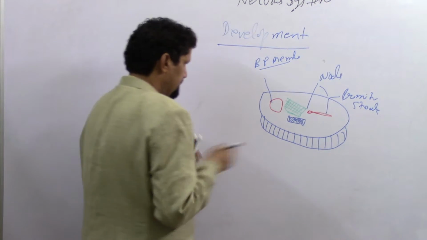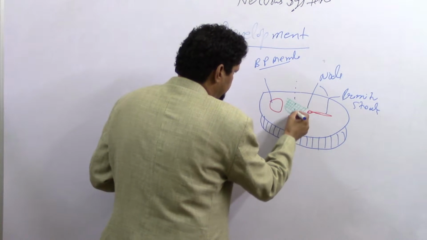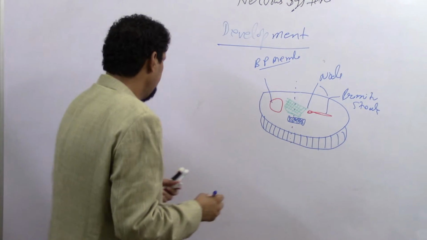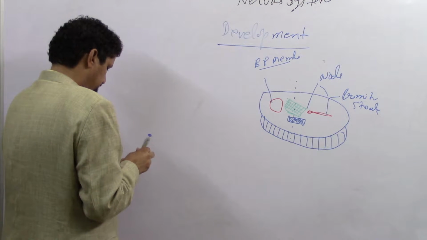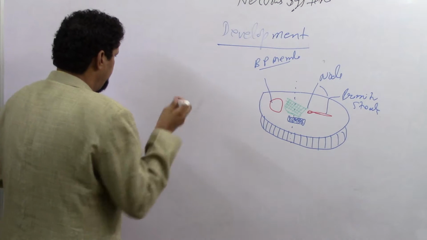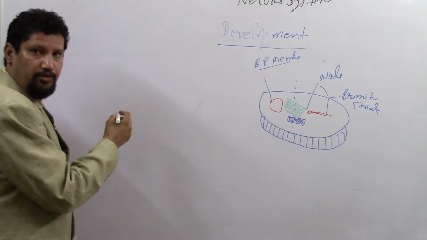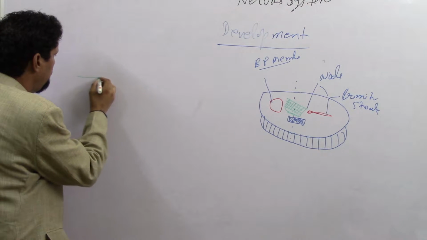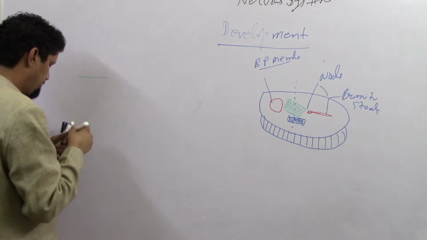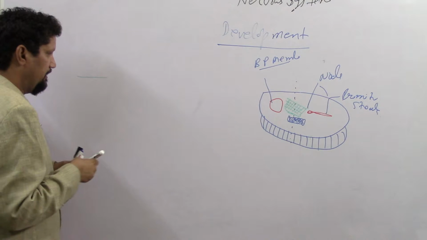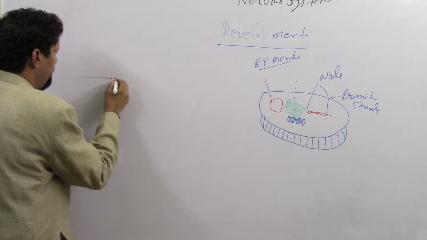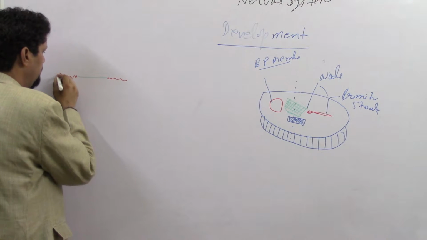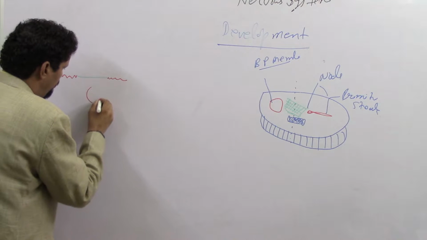I will section this from here. In section we can see here is the neural plate, and here is developing surface ectoderm, and here is notochord.